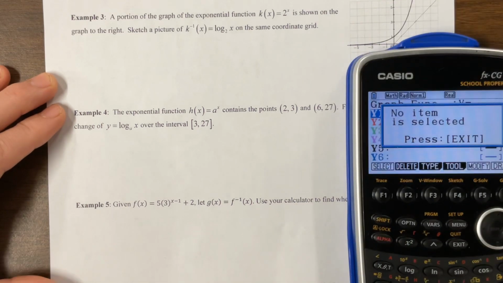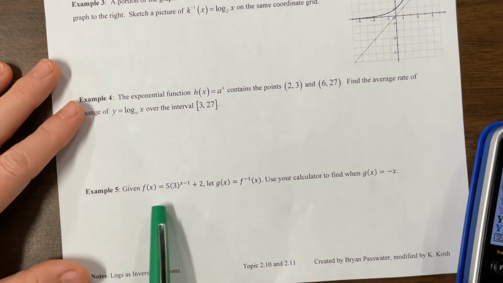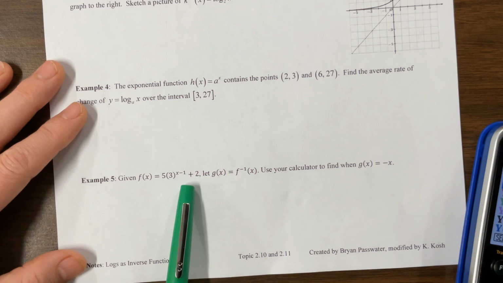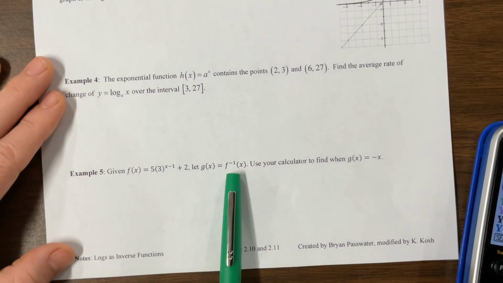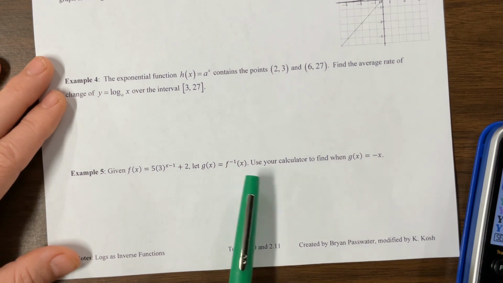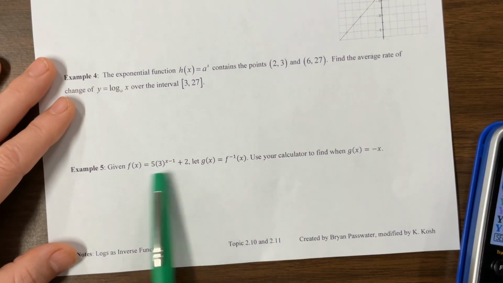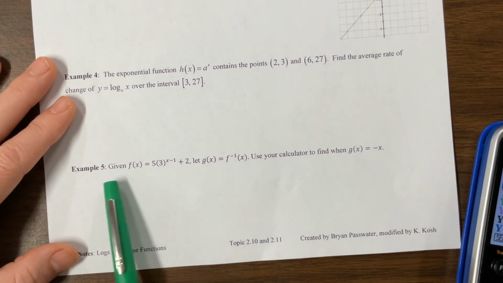One thing I want to point out: they give you this equation, f of x equals 5 times 3 to the x minus 1 plus 2, and then say g of x is equal to the inverse. If you have access to Desmos, the easiest way to find the inverse, or to make sure you found the correct inverse, is to literally just switch your x and y.